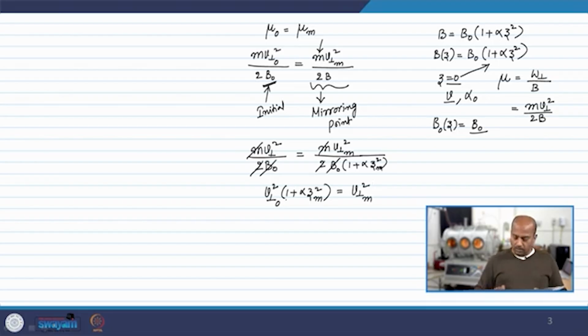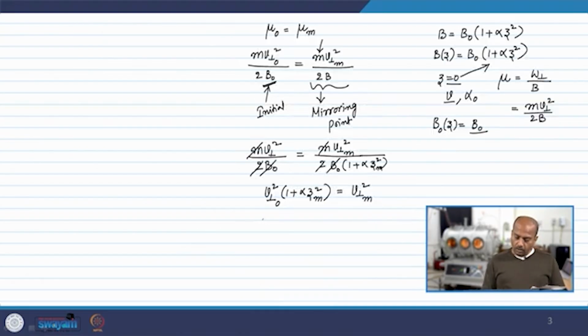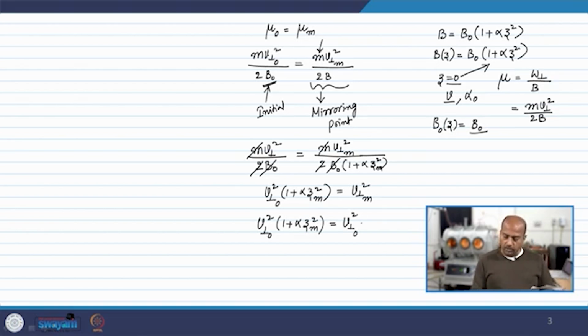From this earlier expression, which is obtained using the conservation of energy, the perpendicular component of velocity at the mirroring point square can be written as this. So, V perpendicular 0 square times 1 plus alpha Zm square is equal to V perpendicular 0 square plus V parallel 0 square.